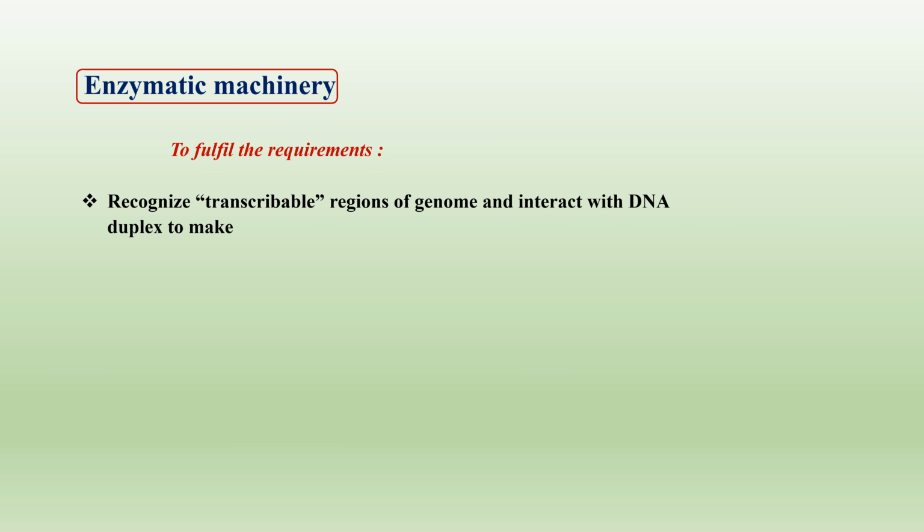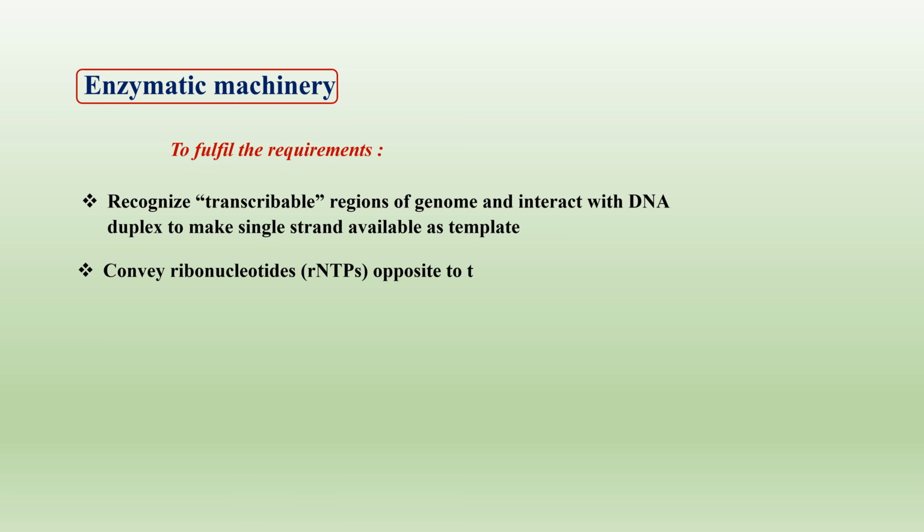First, recognize transcribable regions of the genome and interact with the DNA duplex to make single strand available as template. Second, convey ribonucleotides opposite to the template bases in the active site in accordance with the principle of complementarity.